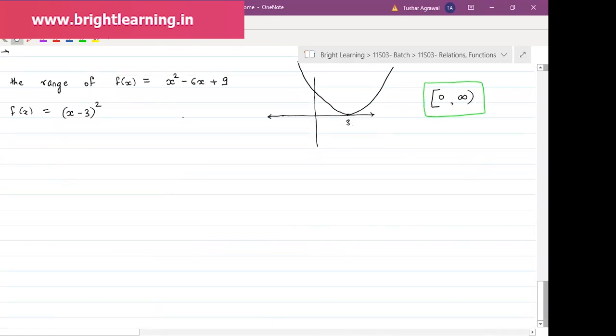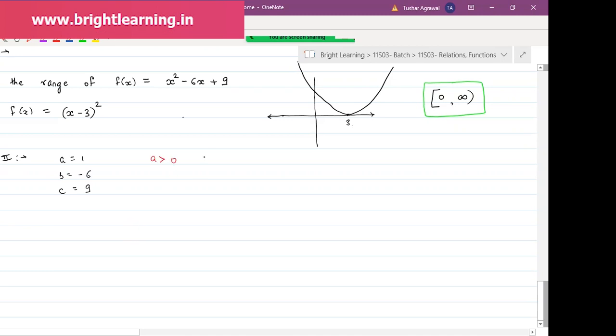So how to make use of that result over here? Method 2, the standard, the shortcut method. Since we have already analyzed the results for quadratic and kept it ready: my a is equal to 1, b is equal to minus 6, and c is equal to plus 9. I have observed that here a is greater than 0.